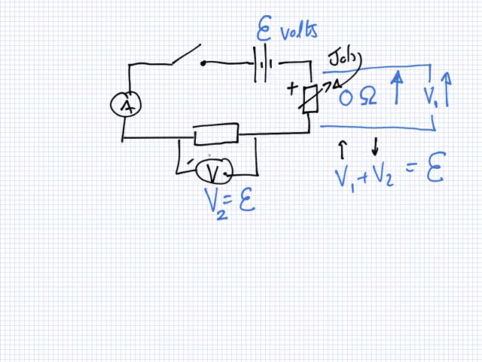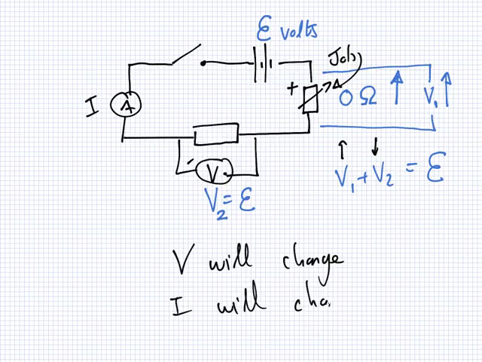So what will happen is the voltage V will change, and at the same time the current here will also change. So the I will change. So what we'll do is plot those two on a graph, how the V and the I change.